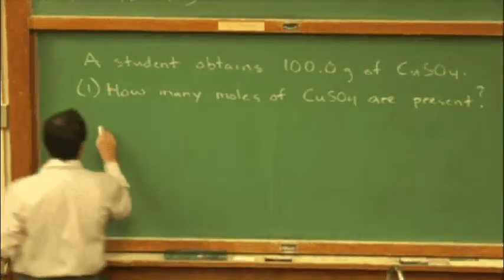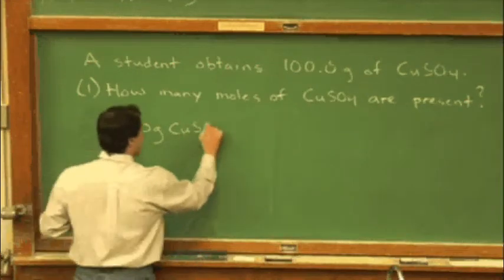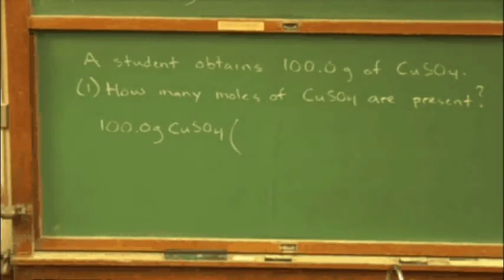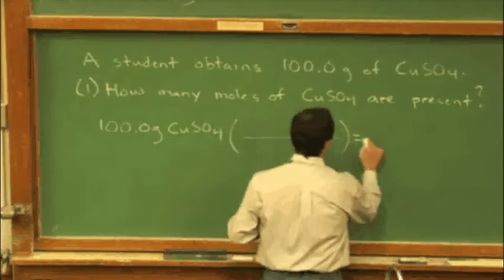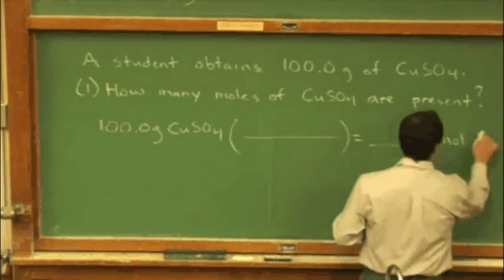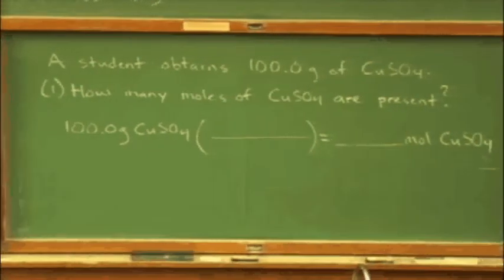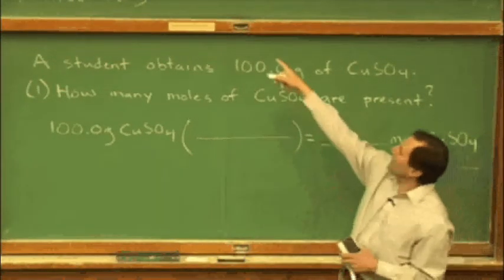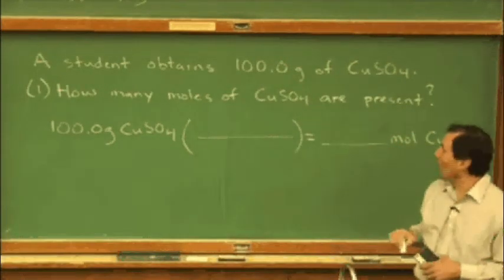Start with what we weighed out, 100 grams of copper sulfate. We need a conversion factor. We're asked how many moles are present. Our conversion factor is our molar mass. A few moments ago, we calculated 159.61 grams per mole.